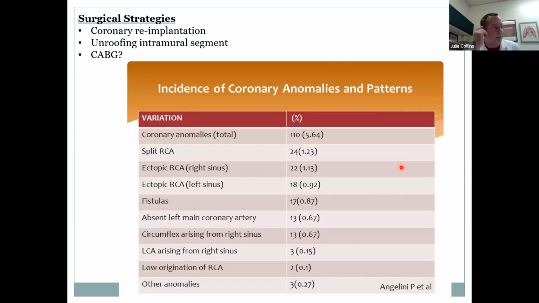And this is just the incidence of coronary anomalies in terms of percentages. You can see they vary, but it's still rare, which is good in terms of everything that we have to deal with. I've done a handful of these. It's not like we see them that often.